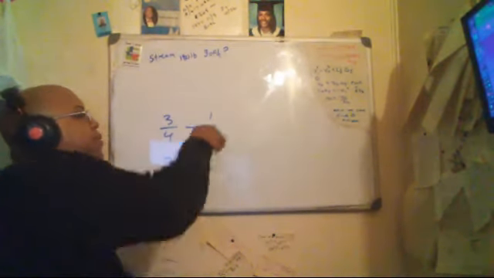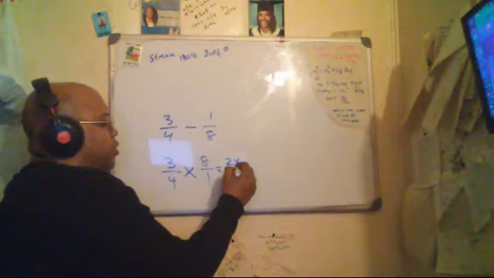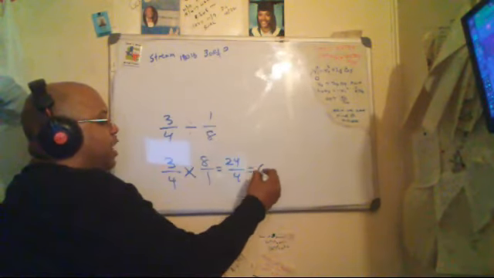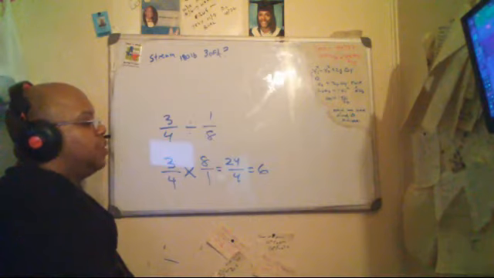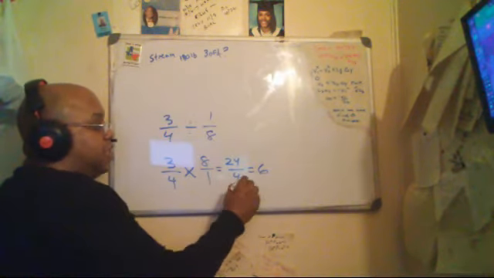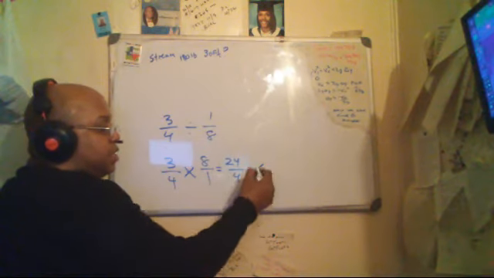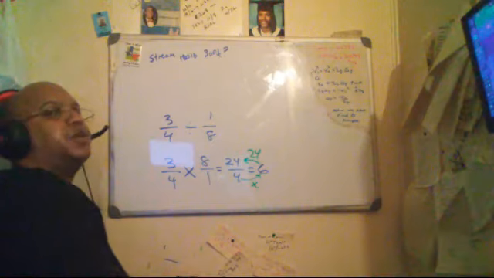And what I mean by reciprocal, the numerator and the denominator just switch places. So we have 24 over 4, and that will equal 6. Why will that equal 6? Because I always look at it after I solve it to test it. I'll say, is 4 times 6 equal to 24? If so, then I have the right answer.